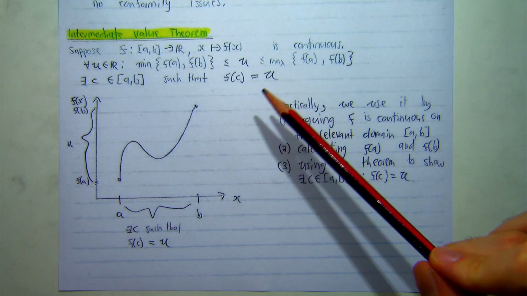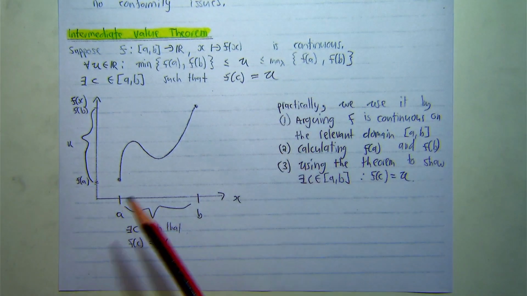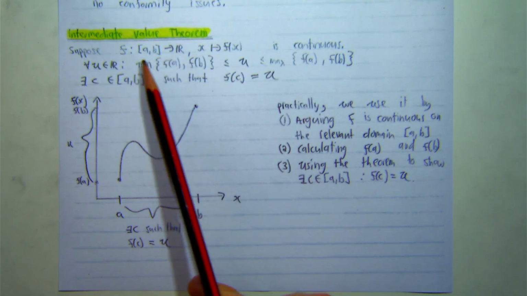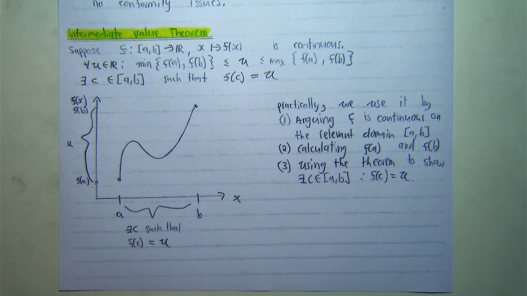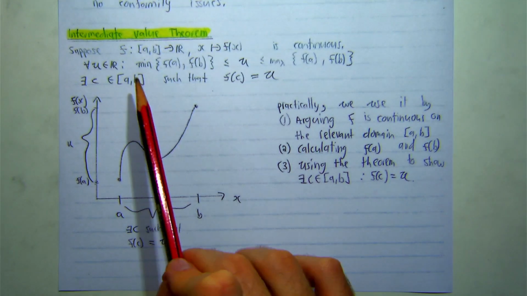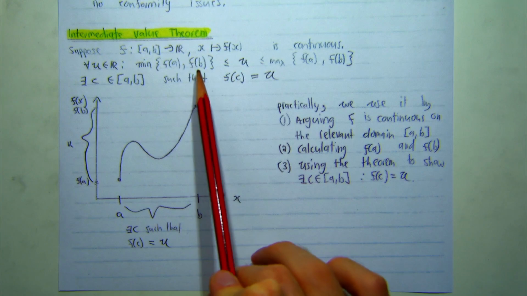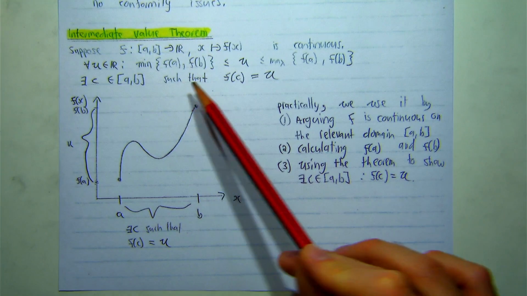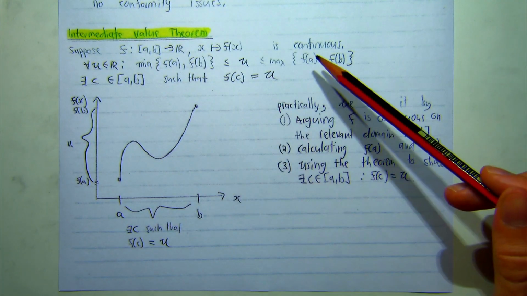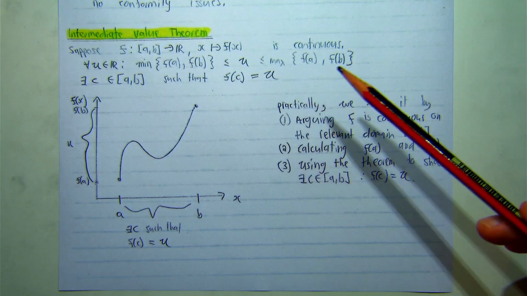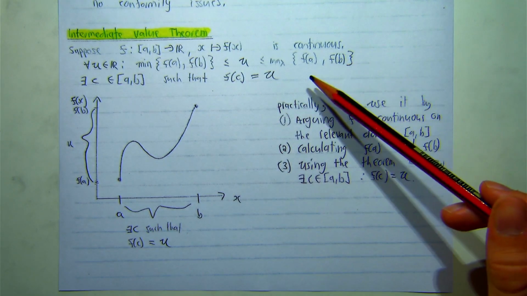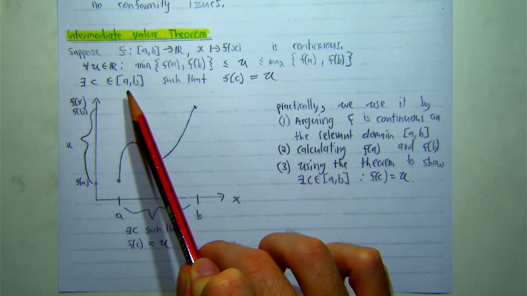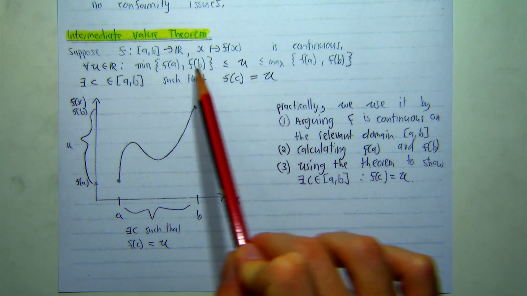So essentially what this is saying is that if you take your f(a) and f(b) values, then because your function is continuous, it had to get from f(a) to f(b) some way or another in a continuous fashion, and in doing so must pass through every u in between those values.